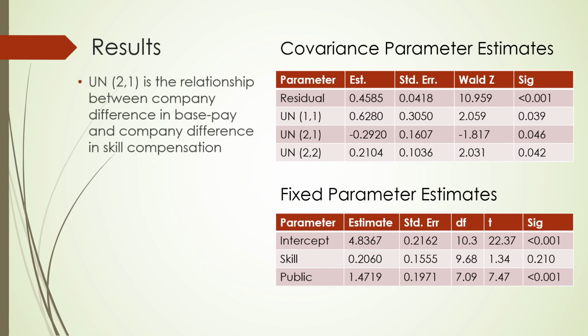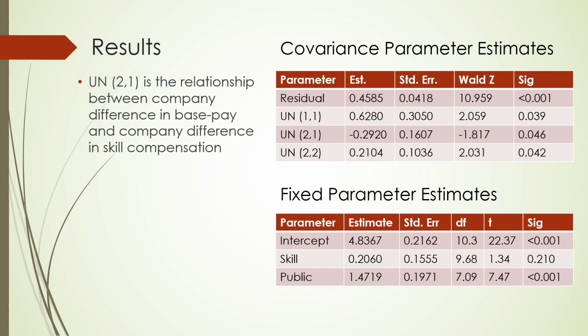Now you'll notice that there's a third unstructured variance component in this, and that's what the UN stands for, unstructured. And that's the relationship between the company difference in base pay and the company difference in skill compensation. So thinking about this, I have the base pay being higher or lower and the skill compensation being higher or lower.